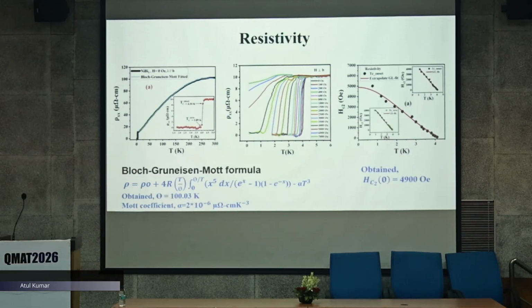Then we performed the resistivity measurements. We fitted with the Bloch-Grüneisen formula and found a Debye temperature value around 100 Kelvin. We also performed measurements in the presence of a magnetic field to calculate the critical field, and we found the critical field to be around 0.5 Tesla.